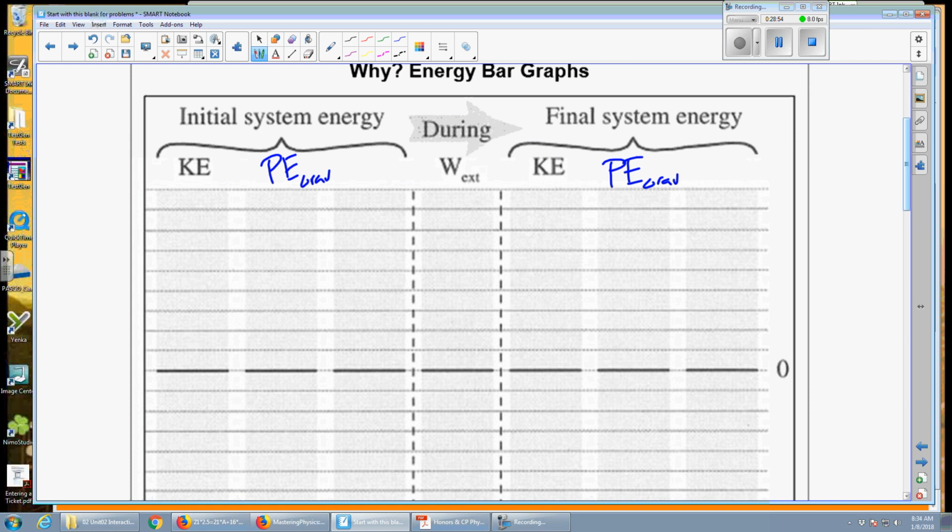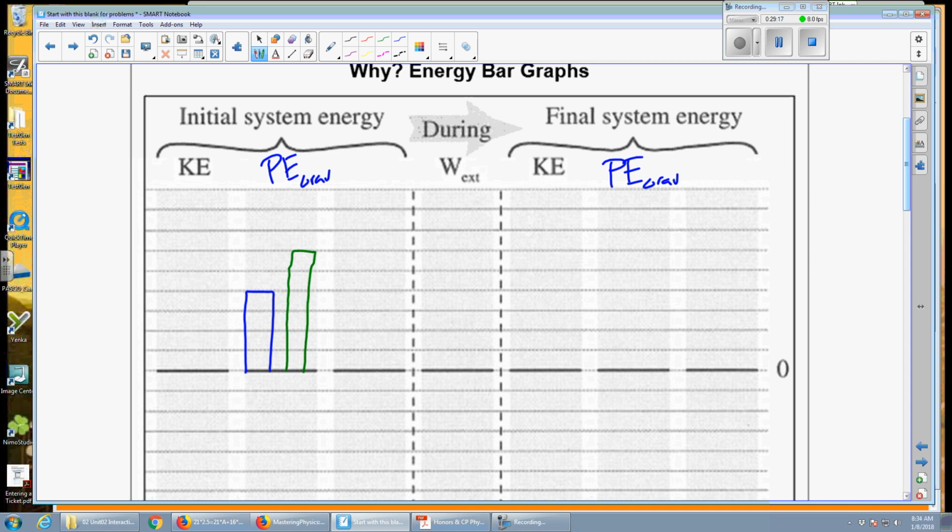So when they start in the middle, blue is going to be mass 1. It has that much potential energy grav. Green will be mass 2. It's going to have that much.